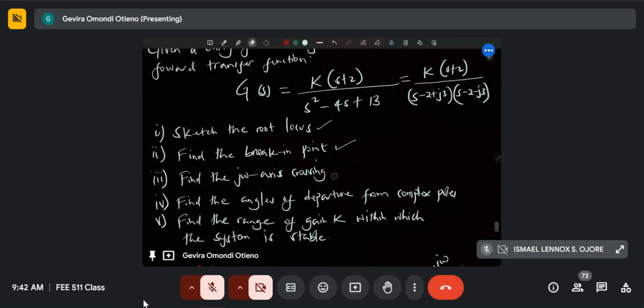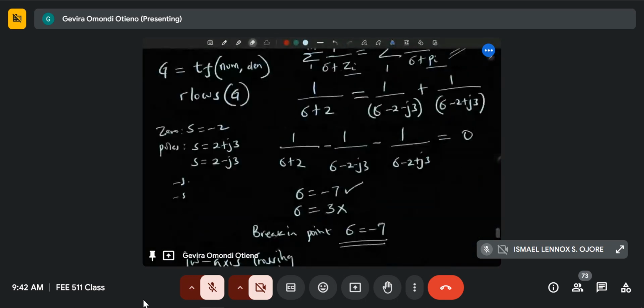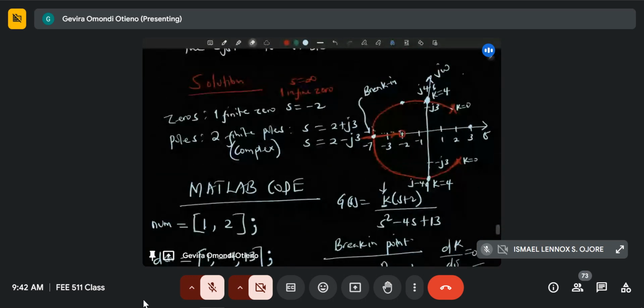So we've done that. So the other question is, find the angles of departure from complex poles. So they want the angles of departure. So let me declutter my diagram here so that these things can be clearer.